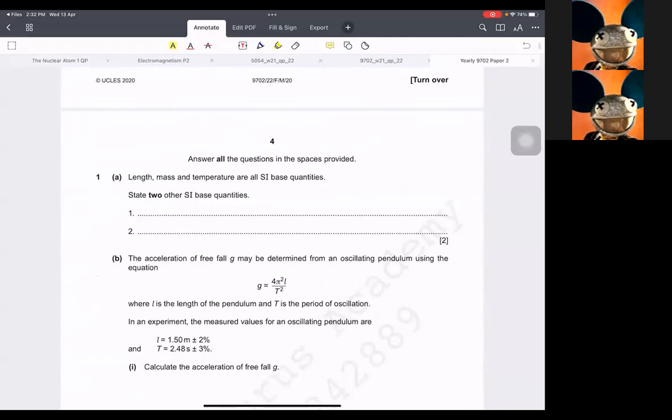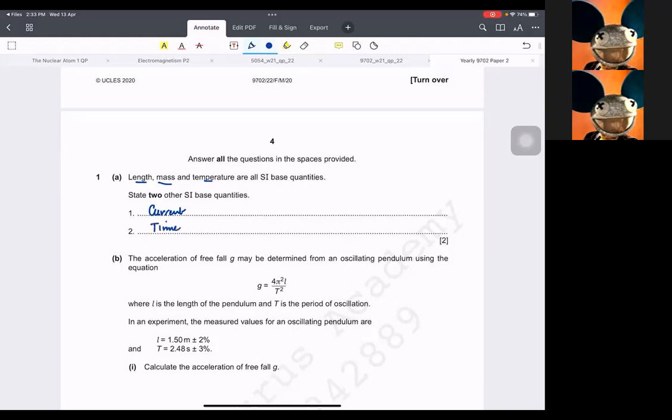It says length, mass, temperature are all SI quantities, state other. So we just need to put quantities, not the units. You could write length, mass, temperature, current. You could write time.